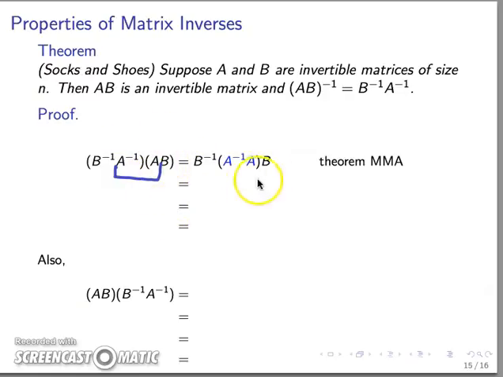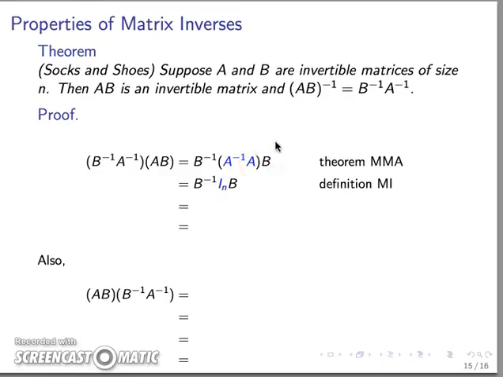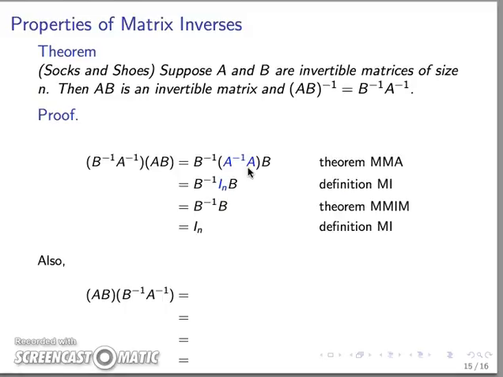So we can group the terms in the middle and notice that A inverse times A is equal to the identity, and therefore now we have I times B, which is equal to B, and then B inverse times B is equal to I. So starting with the candidate matrix multiplied by AB on the right side, that is equal to the identity.